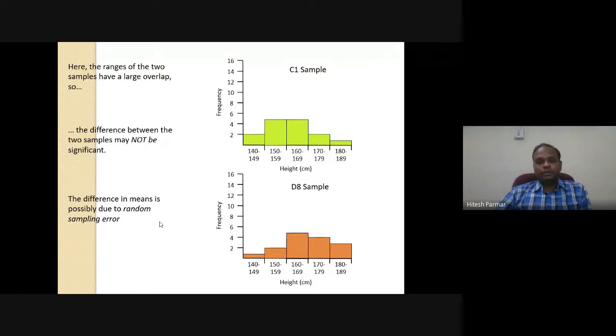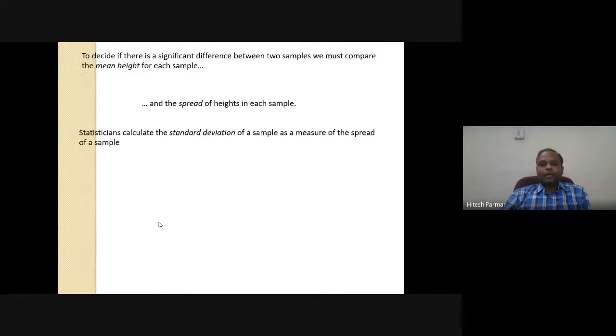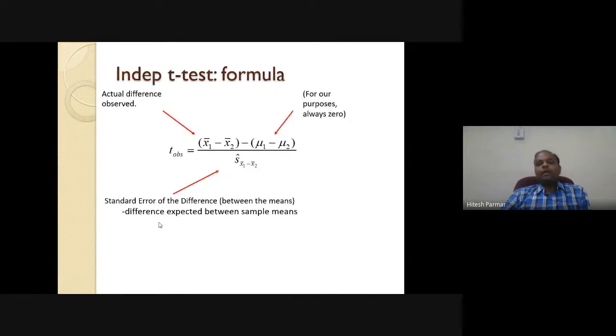This could be the reason. Otherwise, the difference is not significant. So to decide if there is a significant difference between two samples, we must compare the mean height of each sample and the spread of each sample. So mean and standard deviation will be our criteria to compare two groups.